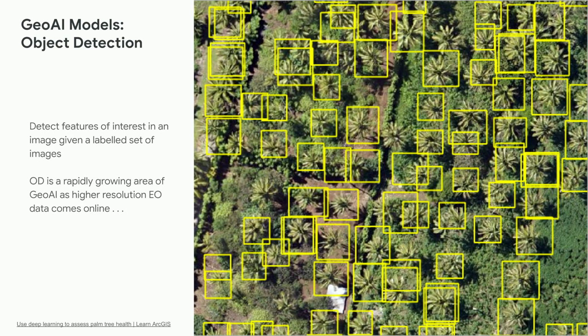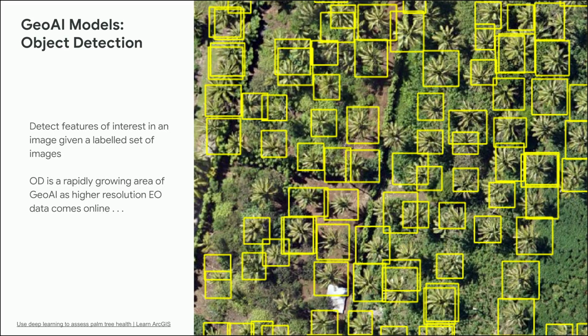The third type of GeoAI model that we typically talk about is object detection. So object detection is telling me, tell me where all the palm trees are in this scene, given only a smaller labeled set of images, which then the model learns from and can adapt to perform these labeling tasks.